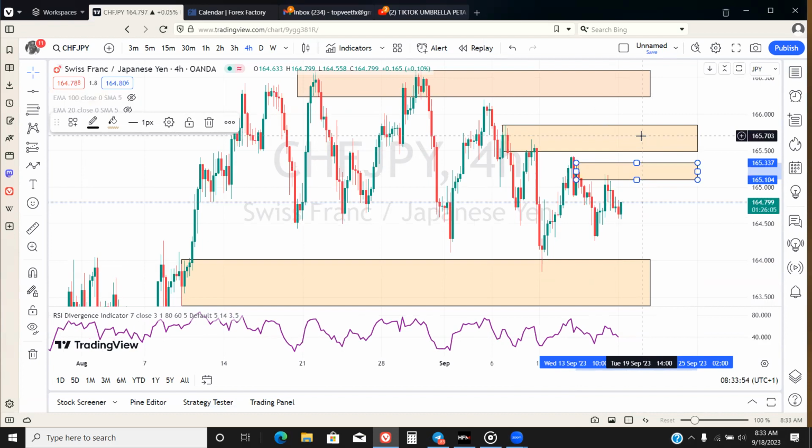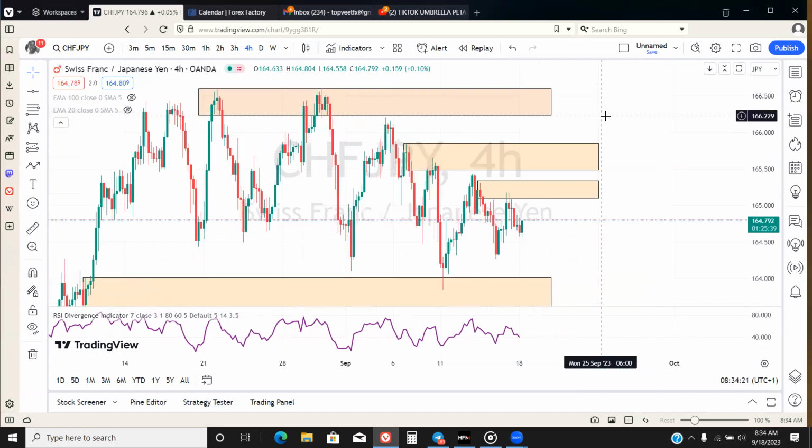Those are the two areas that we'll be looking for a sell opportunity for the continuation of the sell on CHFJPY. Look for a sell opportunity at 165.20, or 165.70, at those areas on CHFJPY and apply your own strategy.